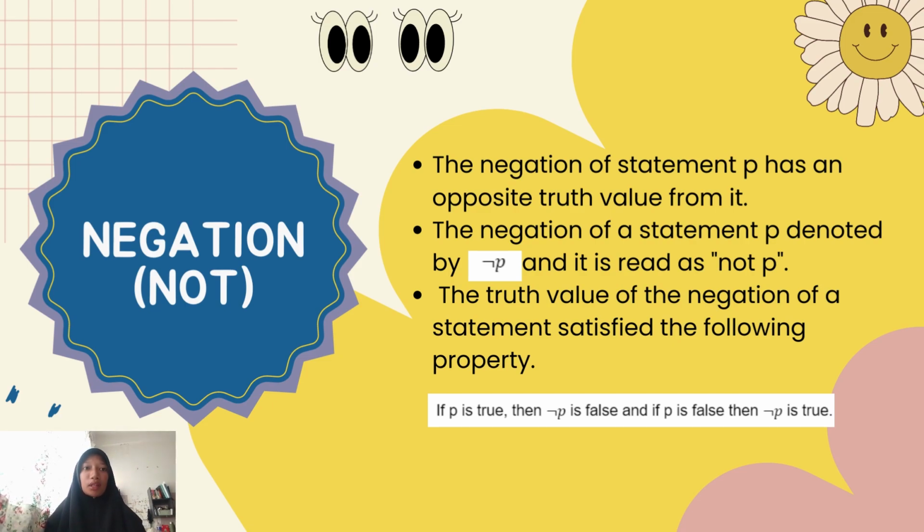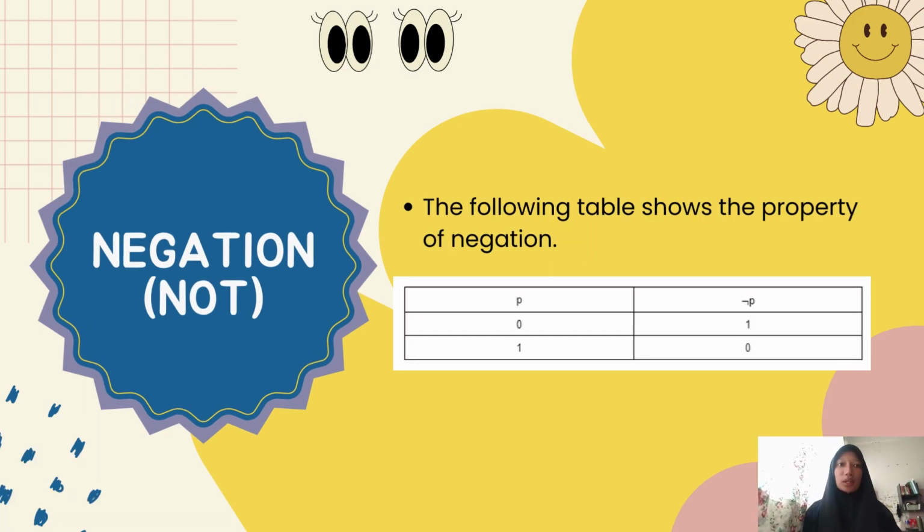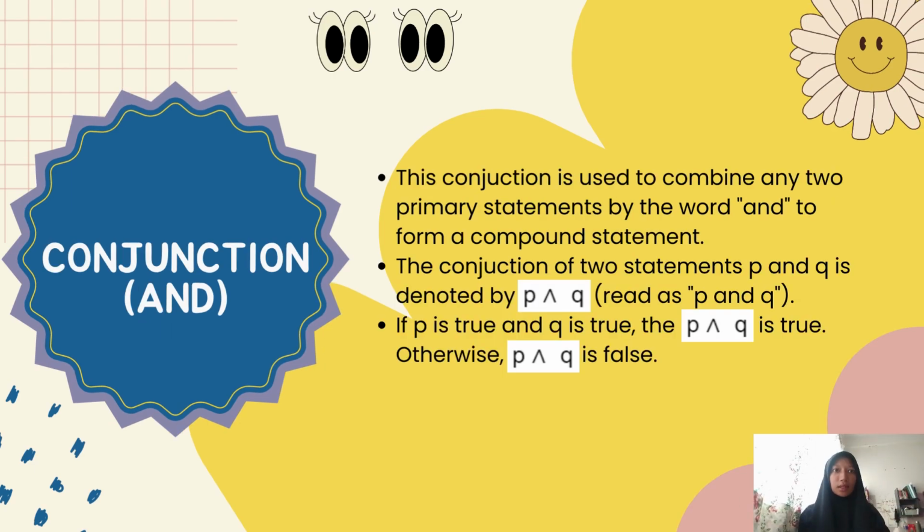If P is true, then not P is false, and if P is false, then not P is true. As we can see, the following table shows the property of negation, which is if P is false, not P is true. If P is true, then not P is false.